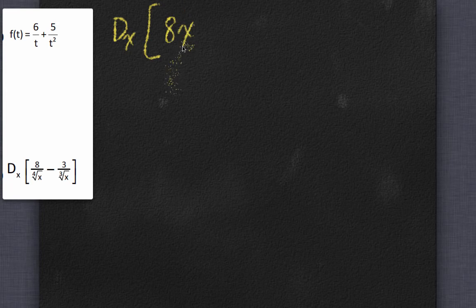So this is 8x to the, it's negative because it's in the denominator. 1 is the imagined power there because there's not one written, and then 4 is there. So 1/4 minus 3, that 3. X to the 1/3.